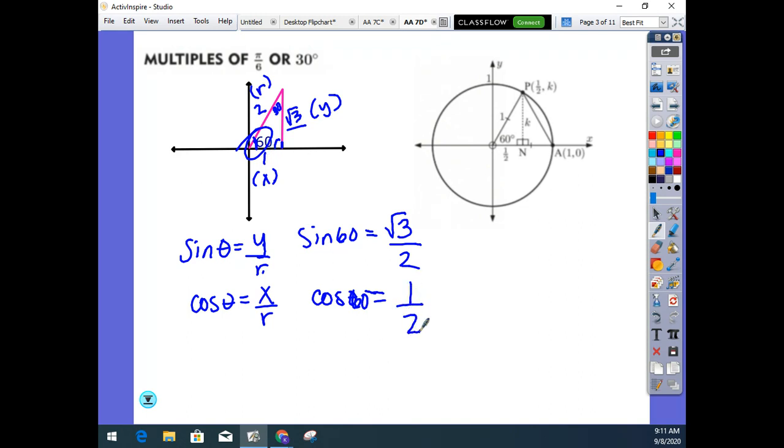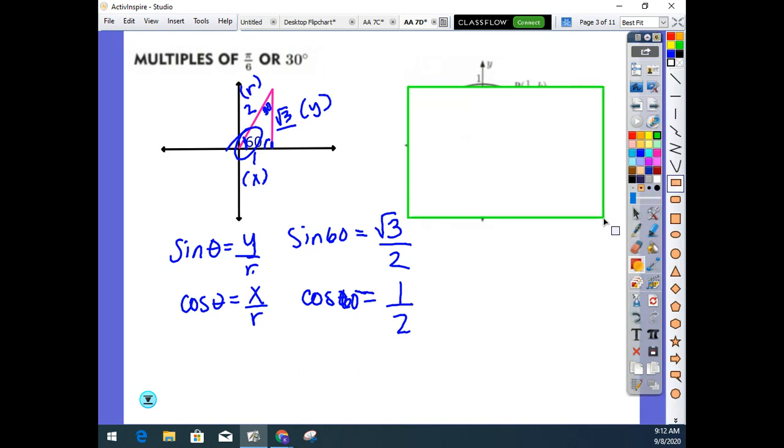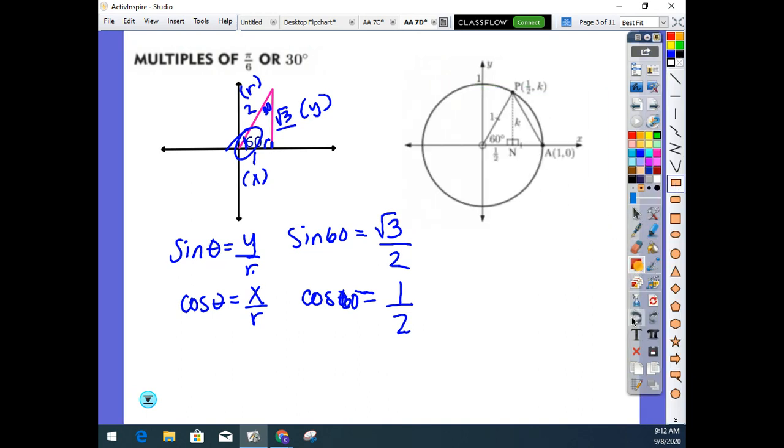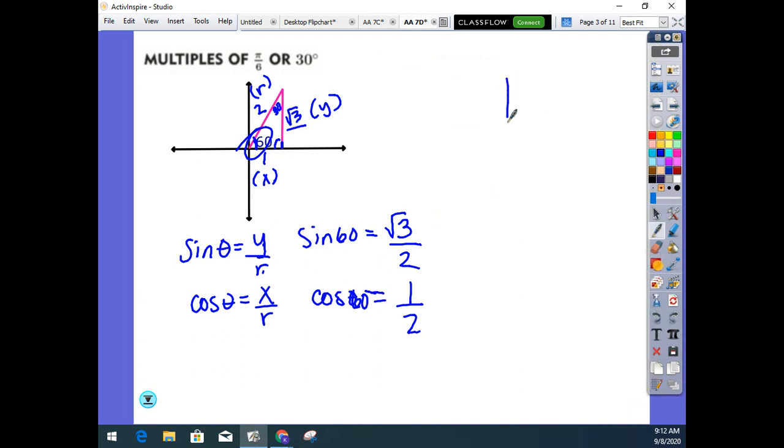Now, I also drew the 30, so I don't know if that would help you. Let's look and see if this were a 30-degree angle. My angles are never quite right, I just draw them all the same. This is always the right angle.